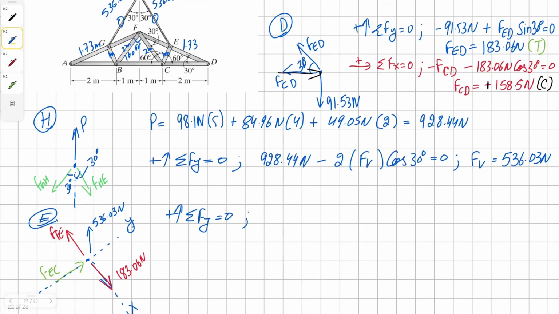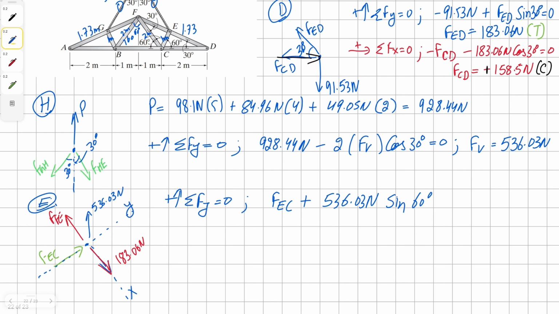When we sum the forces in y direction, we can have unknown force EC, and then our positive vertical component of force HE, which is going to be simply 536.03 Newton times sine 60 degrees. Correction, it'll be 30 degrees since we tilted our axis by 30 degrees.